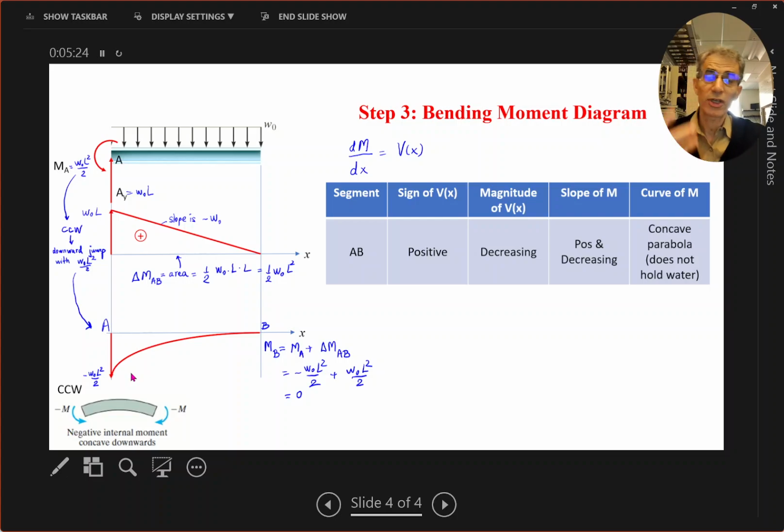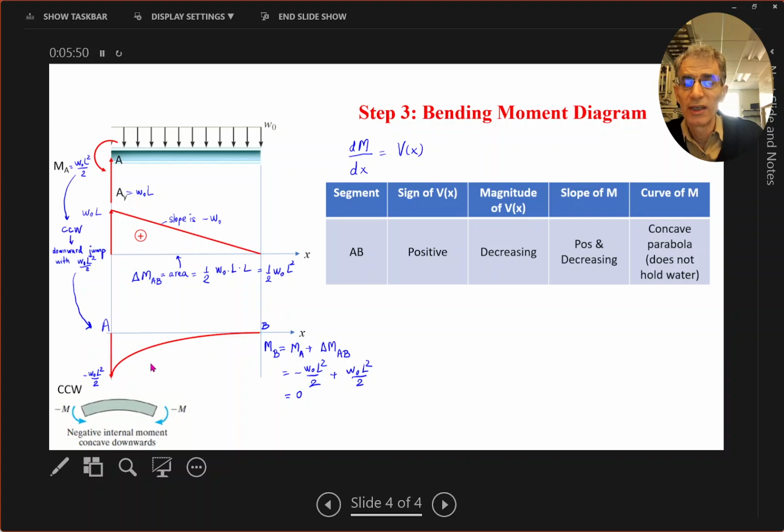Of course, there are two cases here, as I said in class. You can build the parabola this way, or the other way around. But if we build it the other way around, increasing from here, that tells me the slope is increasing, and although it's a positive slope, it is increasing instead of decreasing.